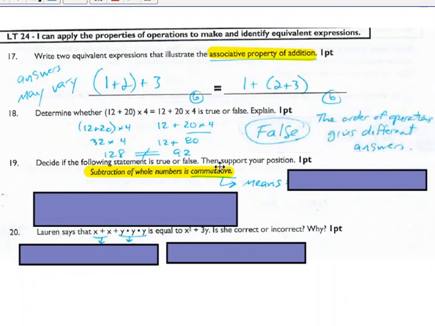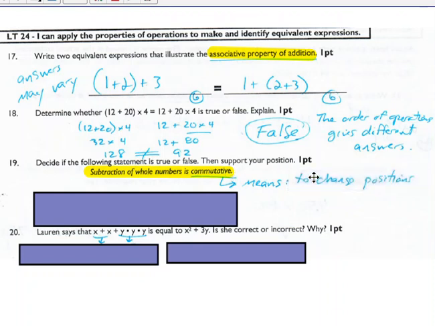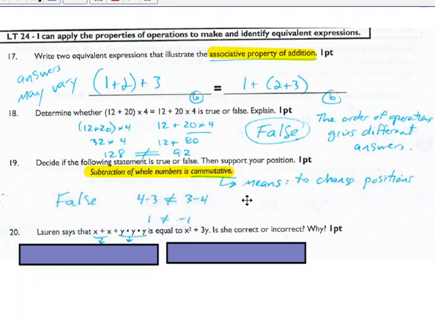In number 19, they wanted you to say if this was true or false and support your position. Well, remember that commutative means to change positions. Like when I commute to work, I'm changing my position from being at home to being at work. So what they want here is subtraction. If we change the position of the numbers, do we get the same answer? The answer is no, we don't, which makes this one false.